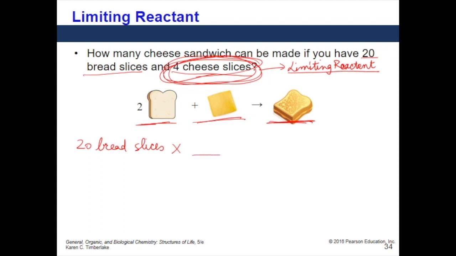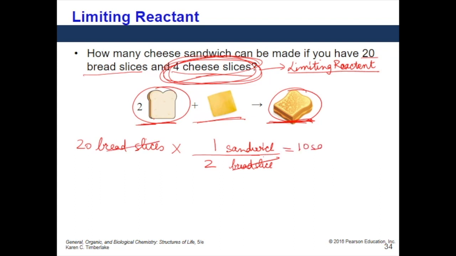What is the conversion factor to go from bread slice to sandwich? 2 slices produce 1 sandwich. To cancel slice, I divide by bread slice and multiply by sandwich. 2 bread slices gives 1 sandwich. So bread slice got cancelled, which means 20 slices of bread will produce 10 sandwiches.